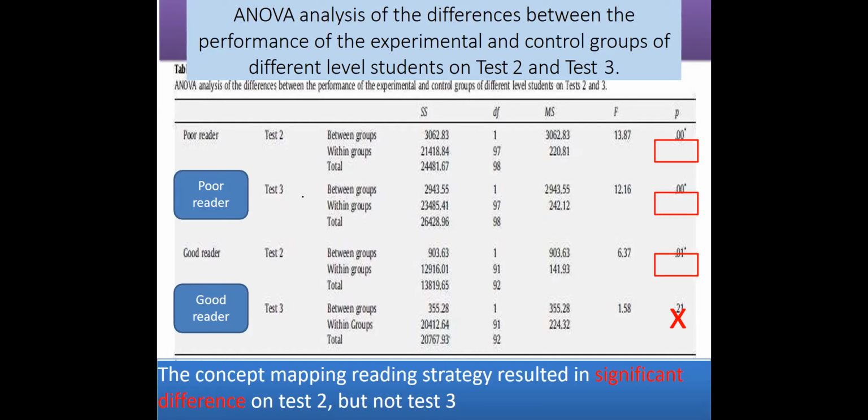So here is the ANOVA analysis of the differences between the performance of the experimental and the control group of the different level students on test 2 and test 3. Right. So the concept mapping reading strategies may result in a significant difference on test 2, but not test 3.